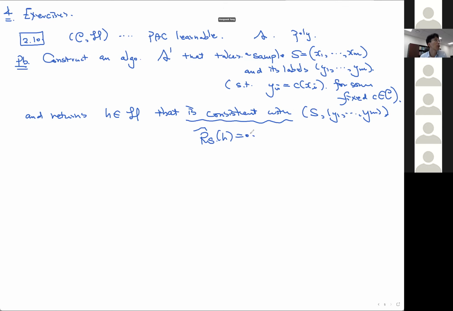So what we did before is that when we typically construct a PAC learning algorithm, the situation was the other way around. We are given a learning problem, and we use an algorithm that produces a consistent hypothesis, in other words a hypothesis that satisfies this requirement, and then show that that algorithm is actually what's required in the definition of PAC. Here we are doing the other way around. We have a PAC learning algorithm and a polynomial bound, and from it we want to construct an algorithm that finds a consistent hypothesis with high probability.